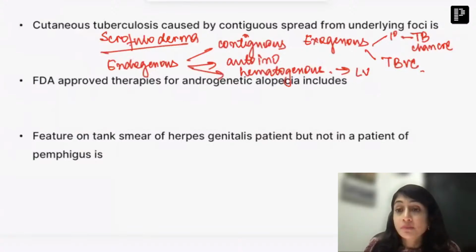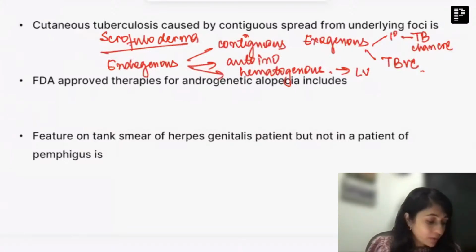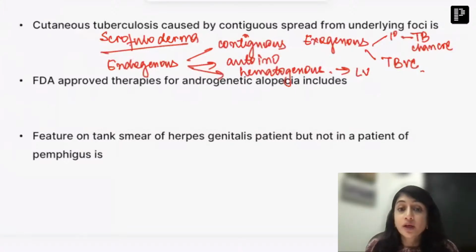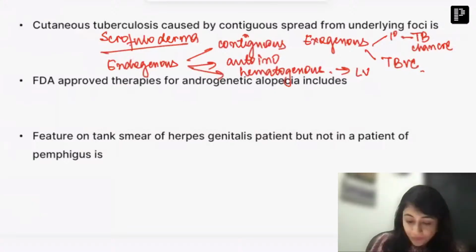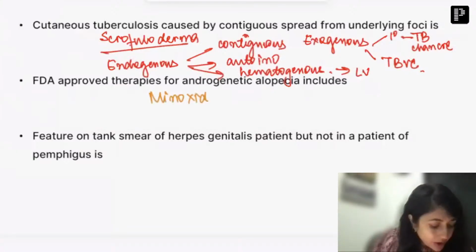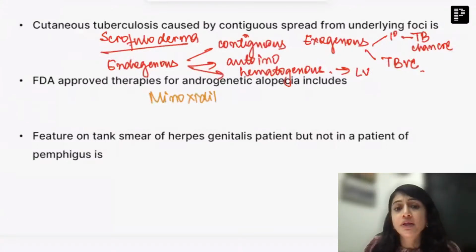FDA approved therapies for androgenetic alopecia include. So what is the FDA approved therapy for androgenetic alopecia? Yes, it is minoxidil, which is approved by FDA for androgenetic alopecia.